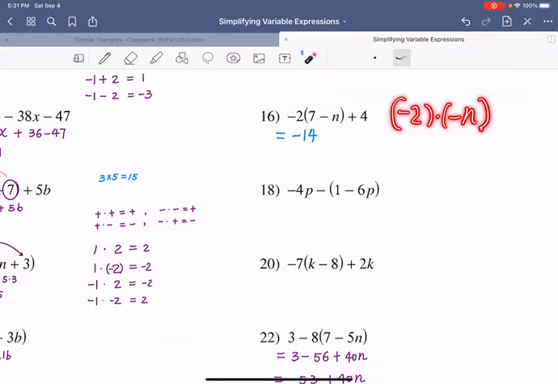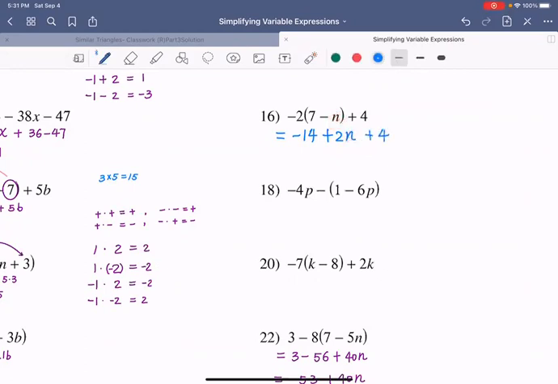Negative times negative is positive, so you will have a plus 2n. This is a variable, so you will carry it on, and then you plus 4.